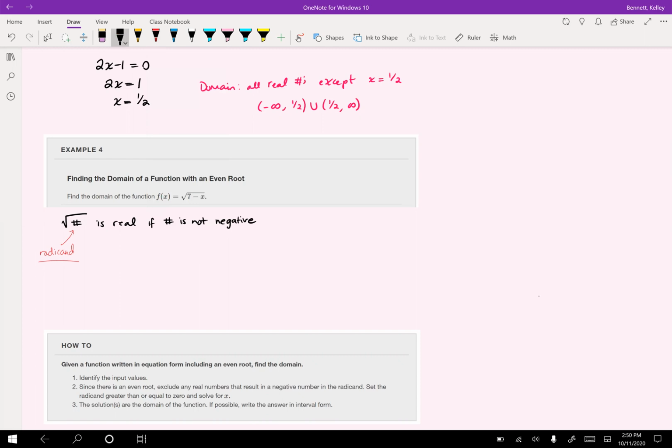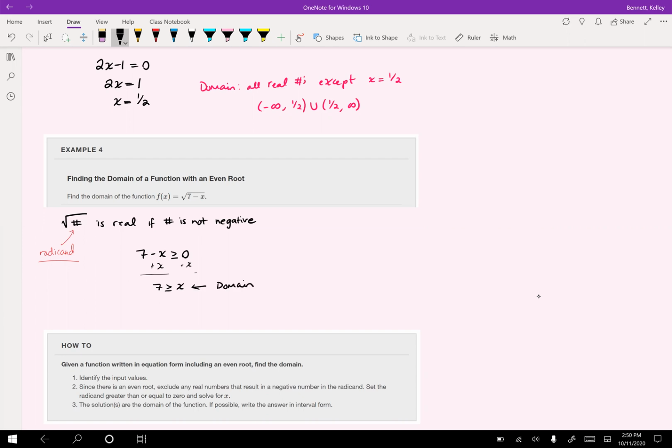So we just need to make sure that our radicand is positive or 0, meaning that we need to have 7 minus x be greater than or equal to 0. And we can solve this inequality. So I'm going to add x to both sides. So I get 7 is greater than or equal to x. And this is our domain.